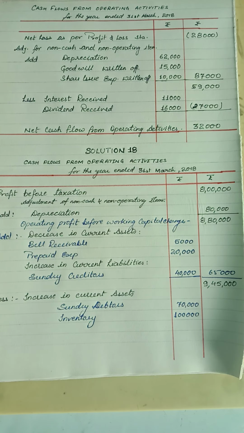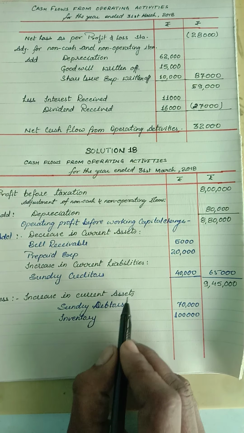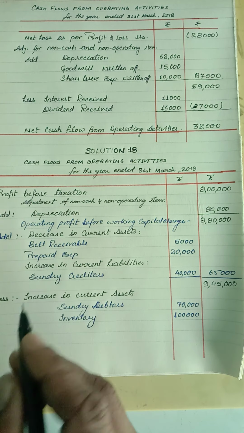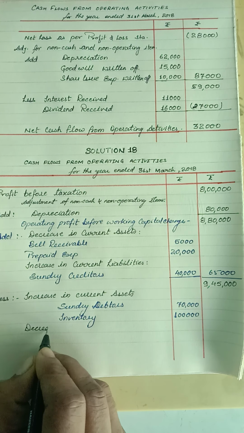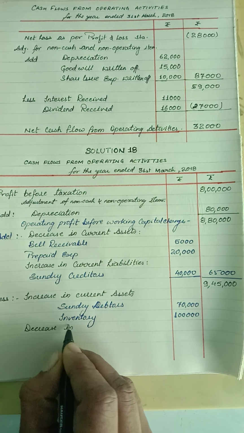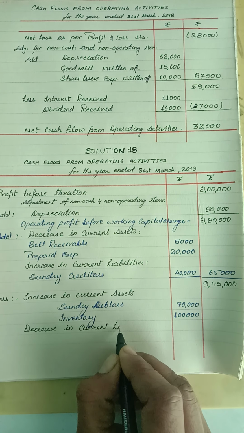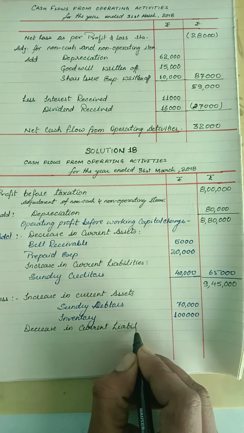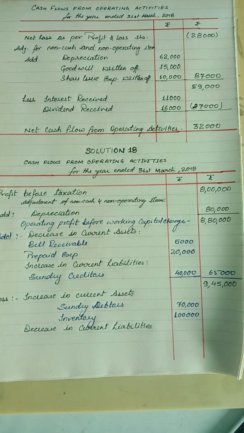Now we will see another thing. The increase in current assets is over. Now the decrease in current liabilities, so we have to subtract that. In these liabilities, one piece of information is given, the outstanding wages. Outstanding is our liability and it is given as a decrease.